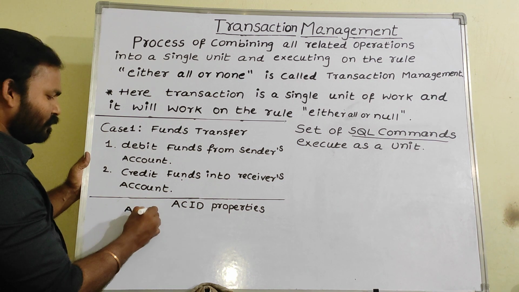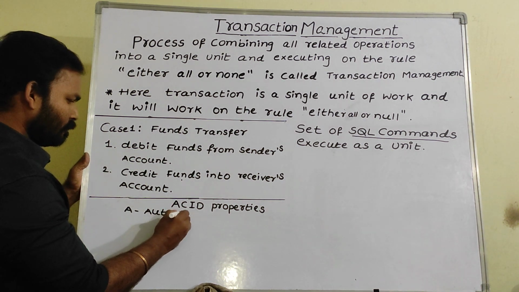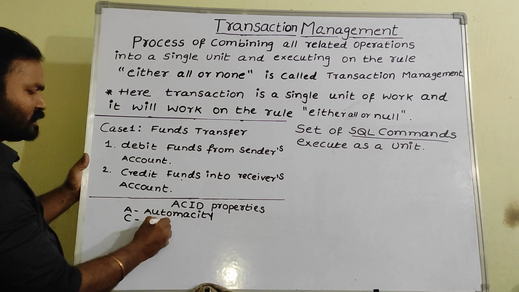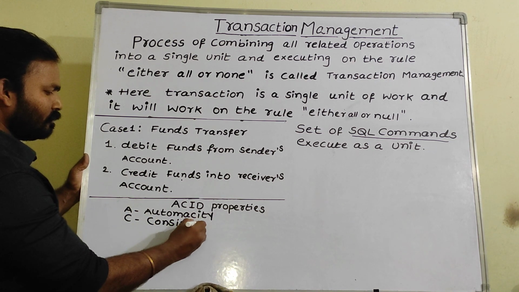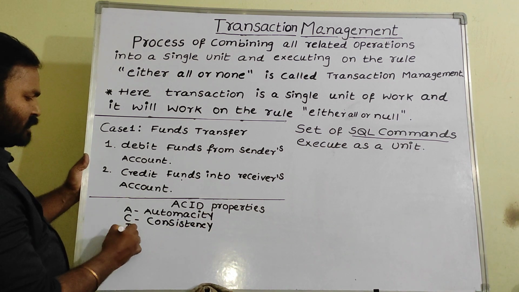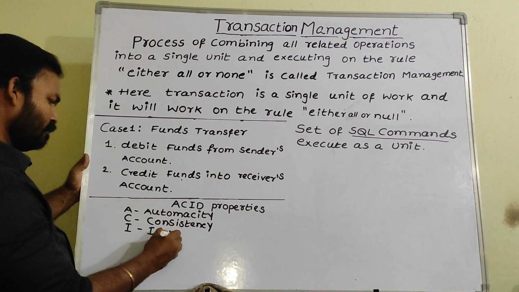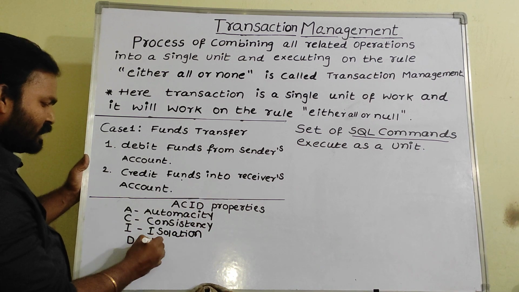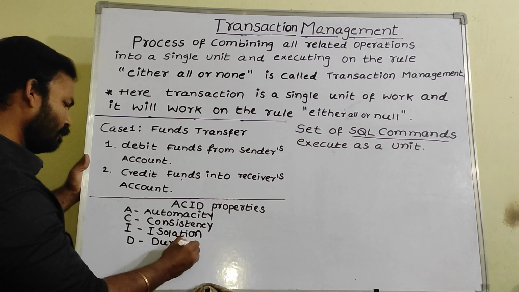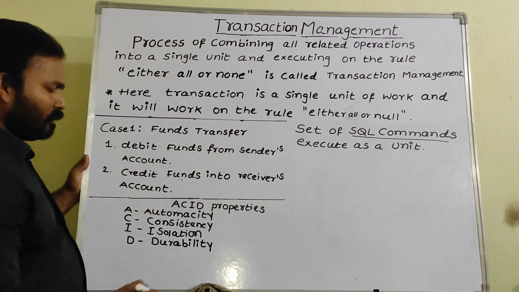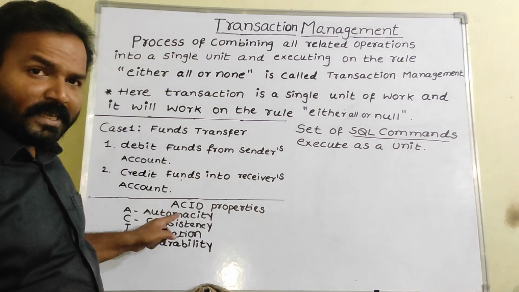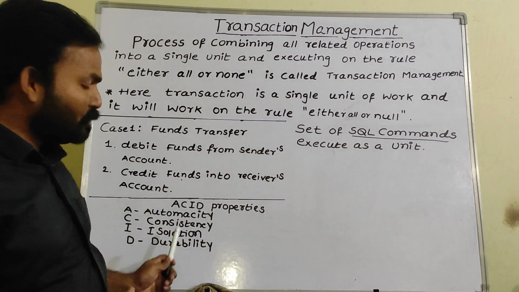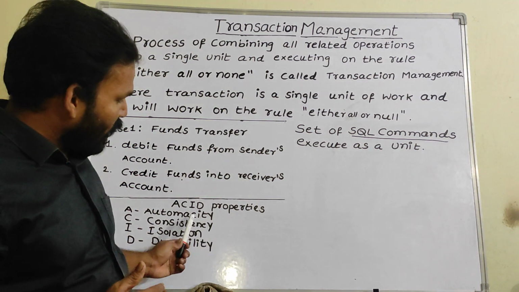Here A stands for Atomicity, C stands for Consistency, I stands for Isolation, and D stands for Durability. We'll see them one by one.